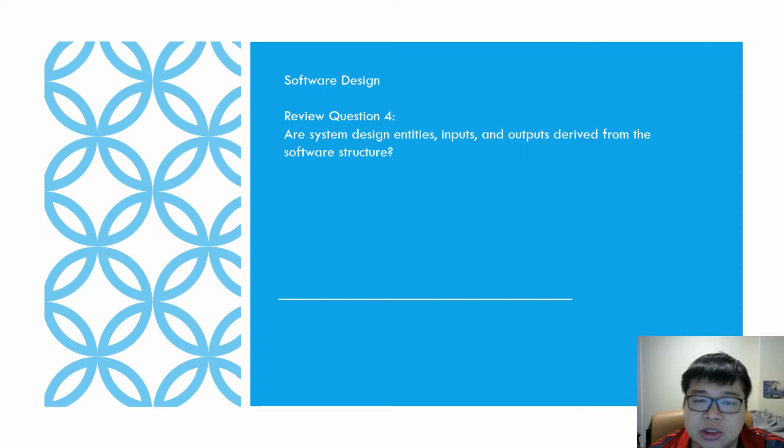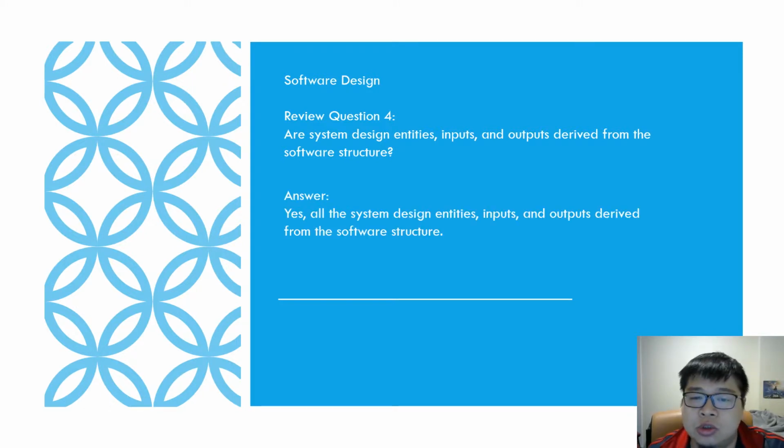The fourth question is, are system design entities, inputs and outputs derived from the software structure? The answer is yes. All the system design entities, inputs and outputs are from the software structure.